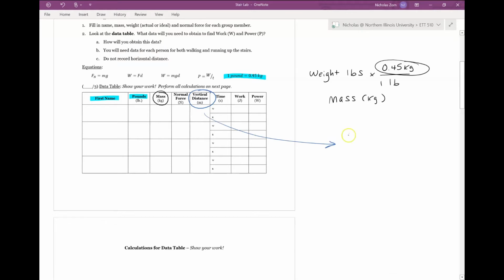So we know that each step is 17.5 centimeters. We also need to count the total number of steps.